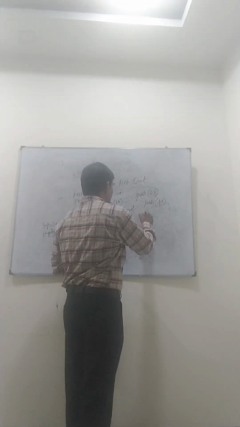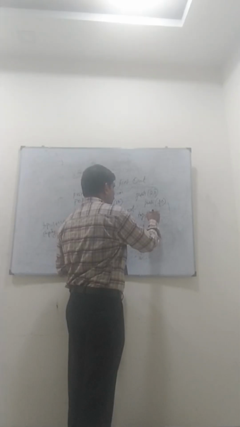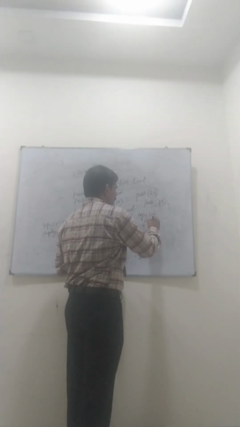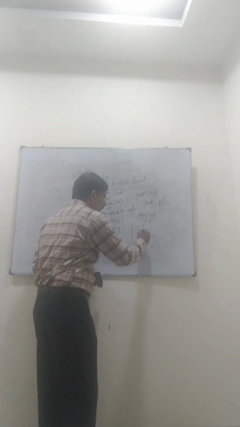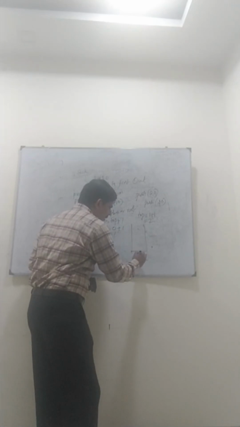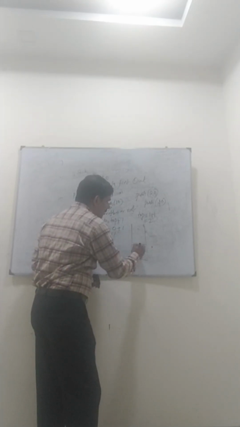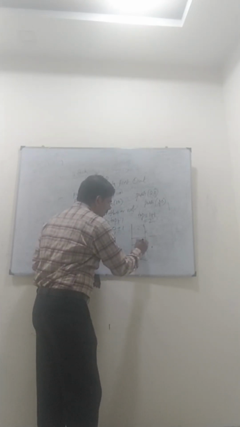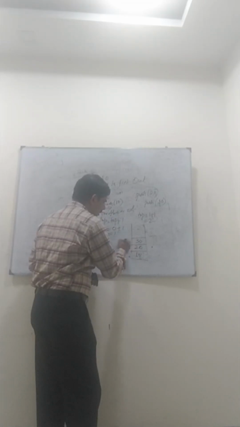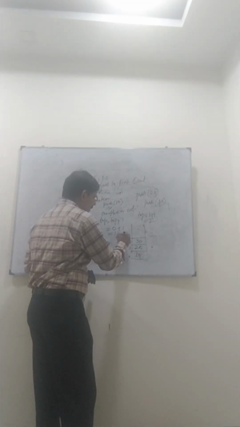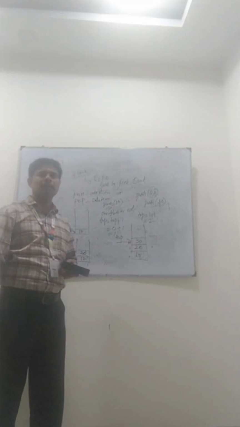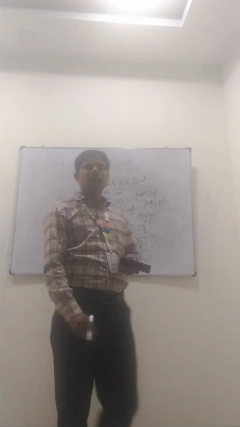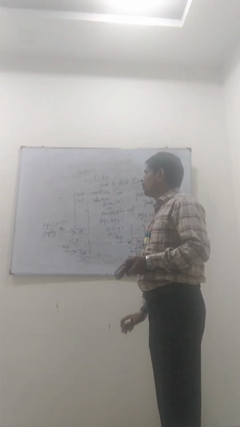Now increment the top value. The previous top value is 1, 1 plus 1 equal to 2. Now we can insert the new element: first 10, next 20, and the last inserted element is here, pointing to 2. This is the top of the stack. This is the push operation.